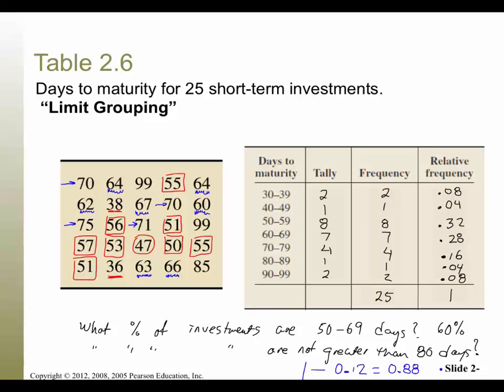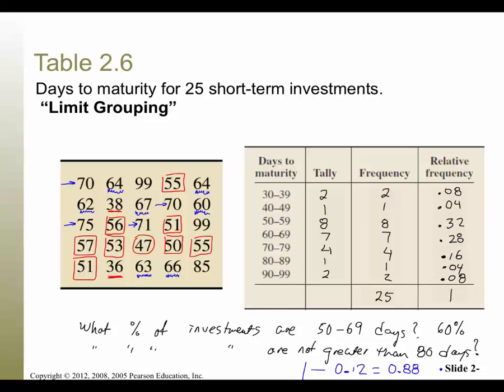So what's the probability that if you picked an investment at random, its days to maturity is not greater than 80? Yeah, so remember when we got into probability, we said probabilities are really like the twin brother of relative frequency.